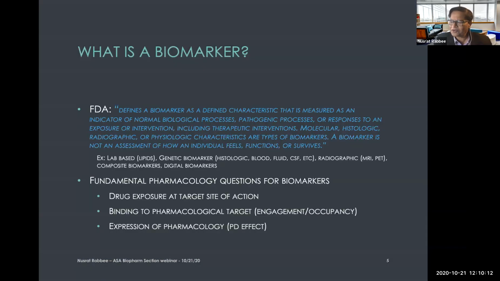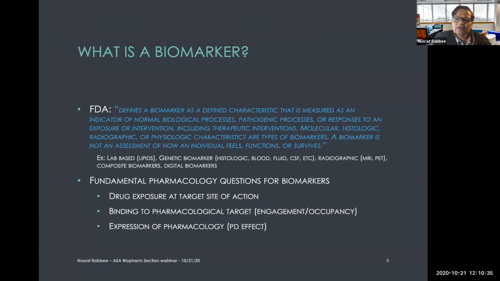So what is a biomarker? The FDA defines it as a characteristic that is measurable. So it's a quantifiable, measurable, objective evidence of a biological process or a disease process or response to a drug.